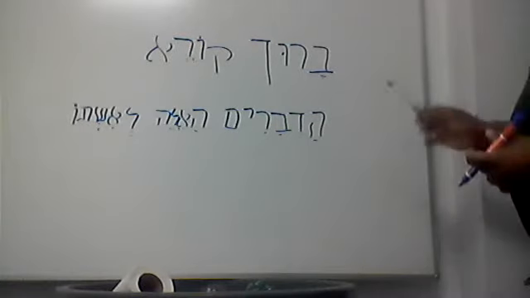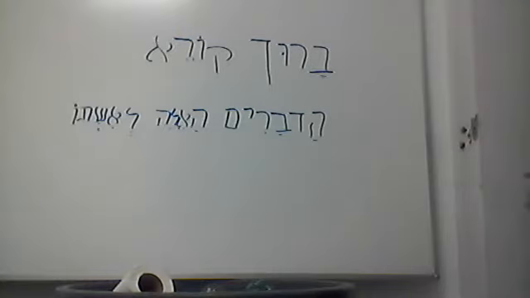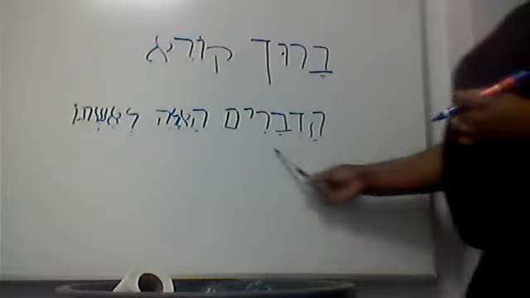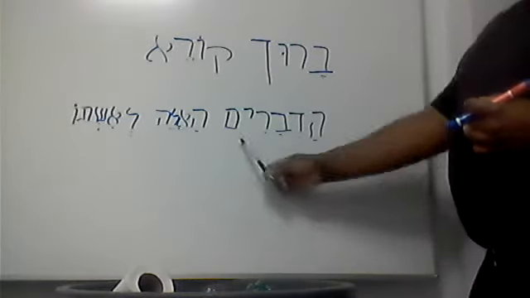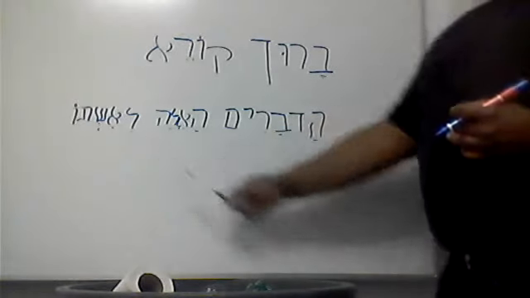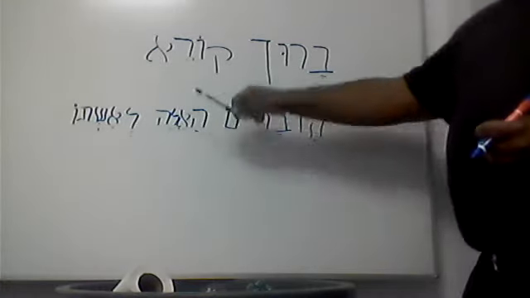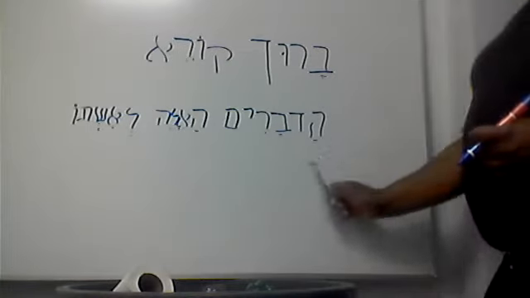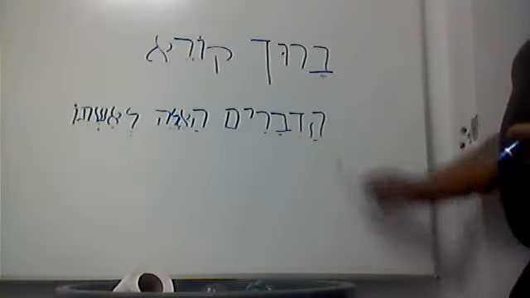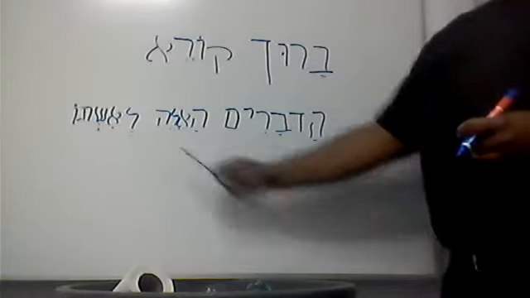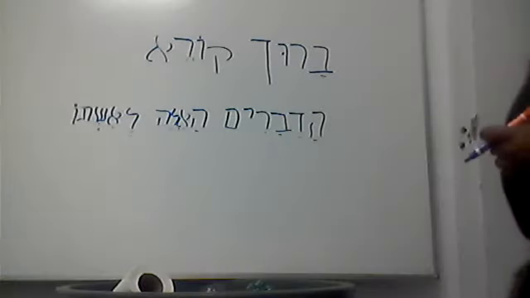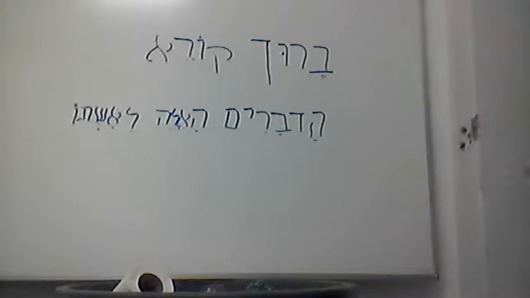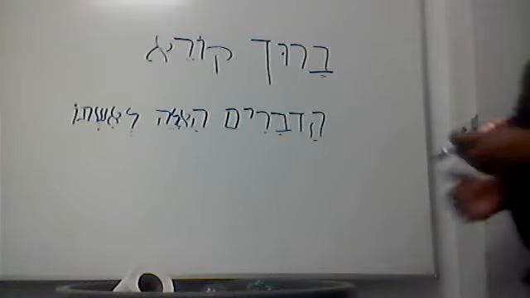Now let me emphasize something, as we did before, as far as the grammar goes. Hadavar, hadbarim, ha'eleh. Ele debarim, these are words. Hadbarim ha'eleh, these words. If you go in the previous lesson, you begin to see that the word "a" or "an" doesn't exist in Hebrew.